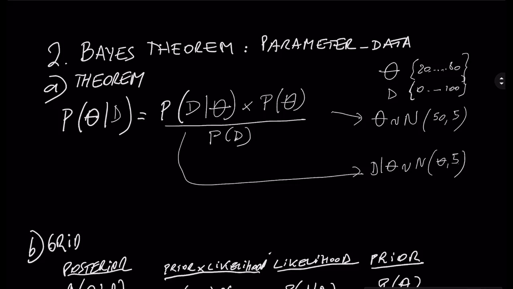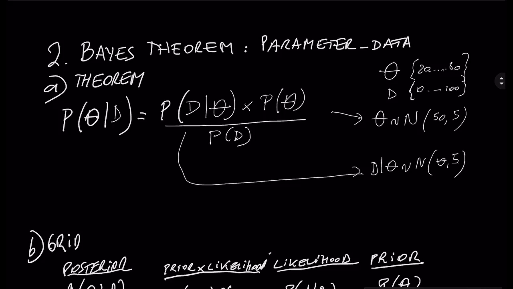So we can have different data values. So here as an example, as shown on the right side of the screen, theta can take values from 20 to 80 and is a continuous variable. So it can be an infinite number of values between 20 and 80. And data the same, but between 0 and 100.